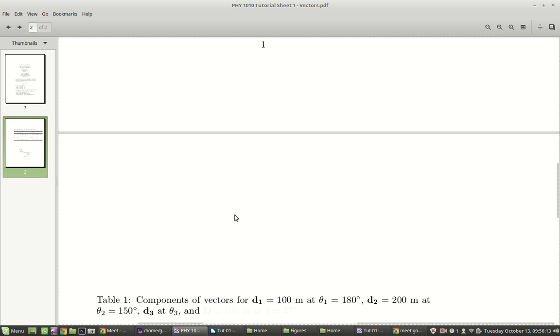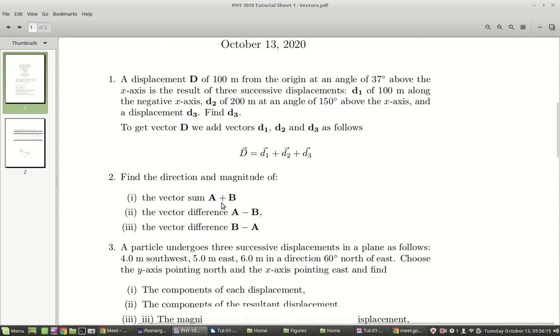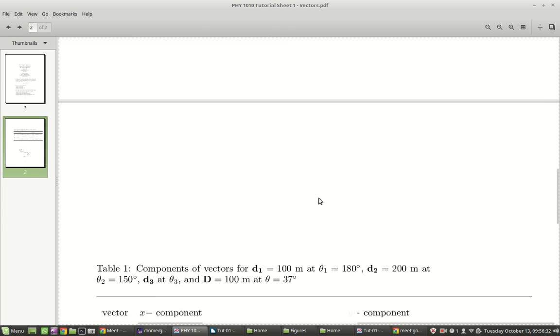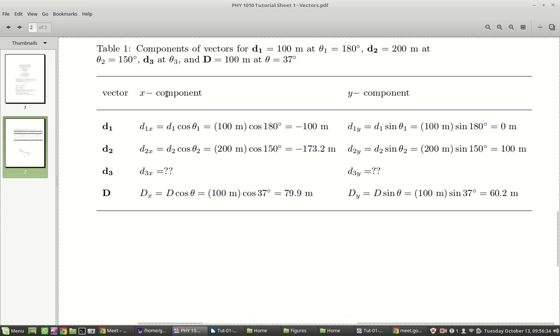So the next thing to do is you have to remember how you get this vector. For you to get vector d, you need to add vector d1 plus vector d2 plus vector d3. However, when you are adding vectors, you add the x components of those vectors together, and then you add the y components together.